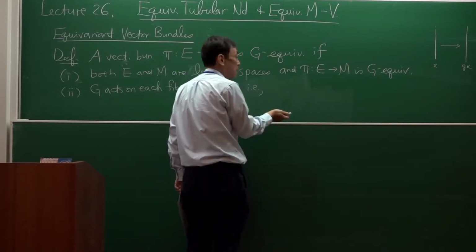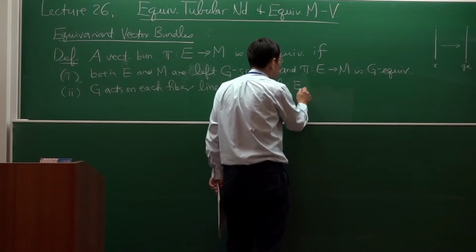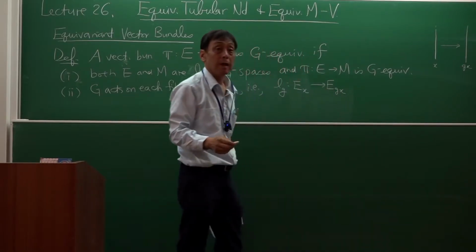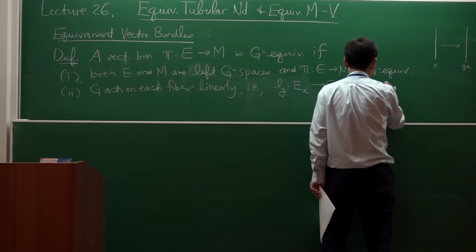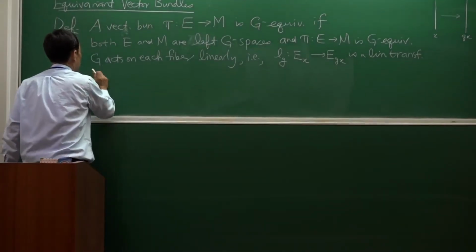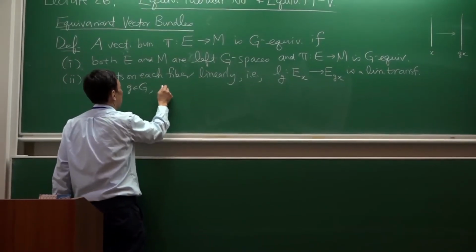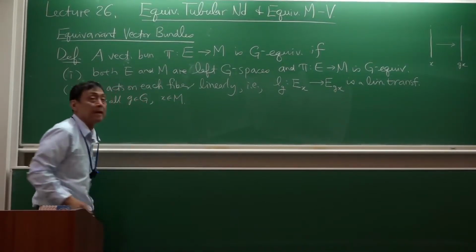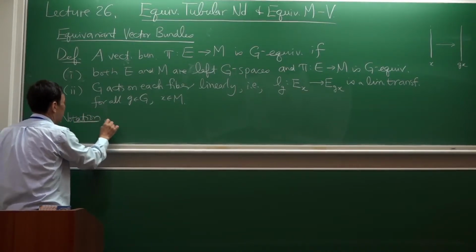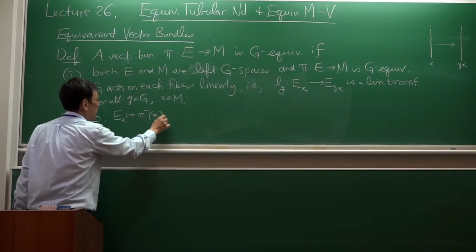That is, if you take the fiber of E at x, it goes to the fiber of E at gx, and that's a linear transformation, for all g in G and x in M. E_x is the notation for the fiber at x.